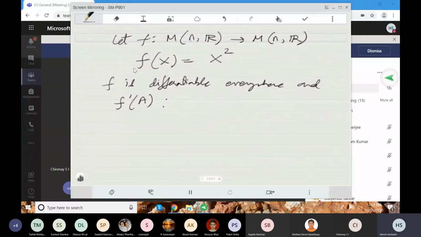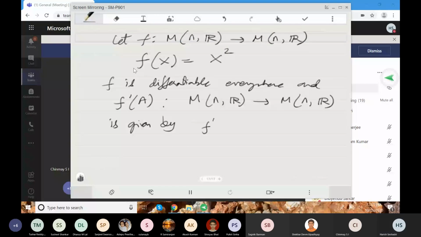The vector space is R^(n²), again R^(n²), so I'll just write M_n(R) to M_n(R). It is given by f prime A acting on H is AH plus HA. So the variable here is H. A is a fixed point, and H is the variable.